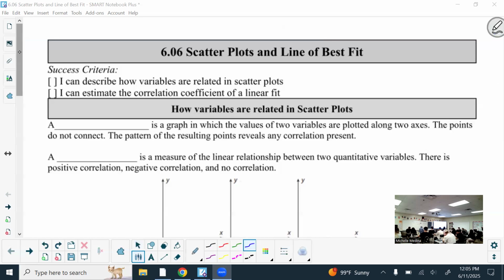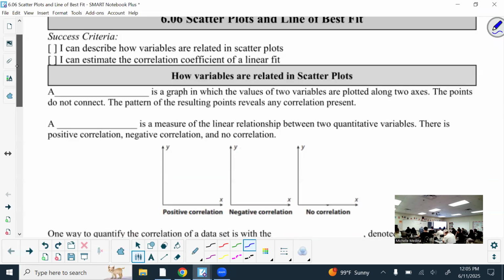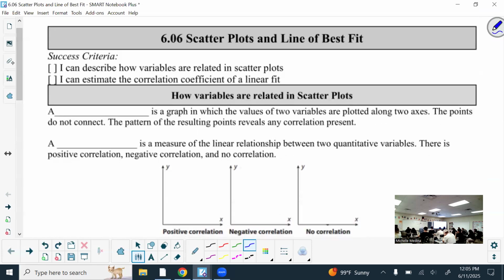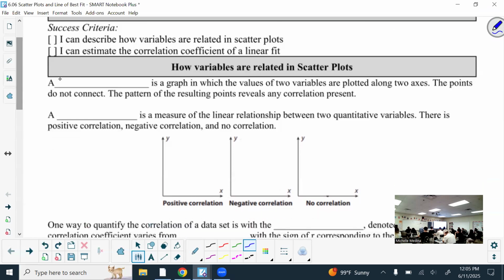Okay, so moving forward, unit 3. First thing we're going to talk about is scatter plots and line of best fit. So the first blank that we're going to fill in, a scatter plot is a graph in which the values of two variables are plotted along two axes.